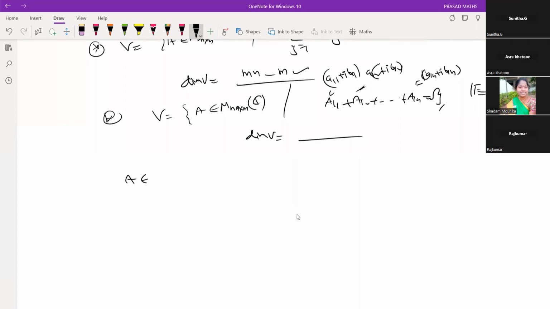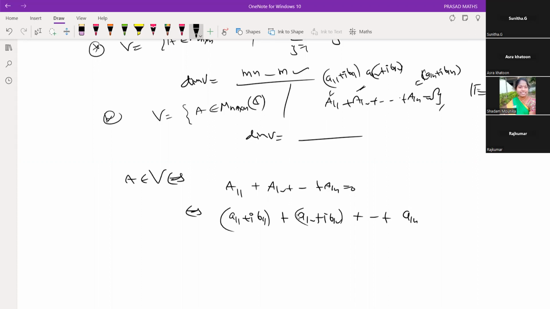Okay, take a look. Suppose A is a matrix, n by n. Take A as a matrix which is in V. You can take any element which is in V. What is the form? It satisfies a11 plus a12 plus a1n is 0. But a11 is nothing but a complex entry. That means it can be rewritten as a11 plus ib11, plus a12 plus ib12, plus a1n plus ib1n, equals 0.